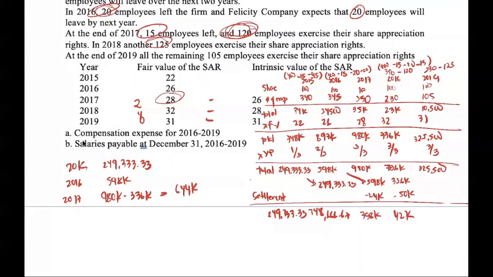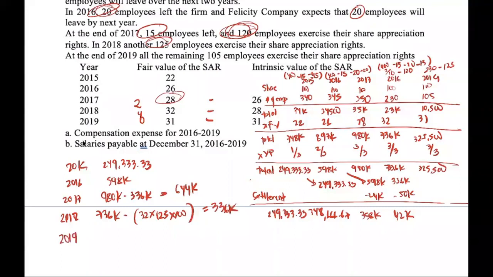And then we have 2018. 32 times 125. How much is our balance? 736 less 32 times 125 employees times 100. 736 less 400,000 is 336,000.